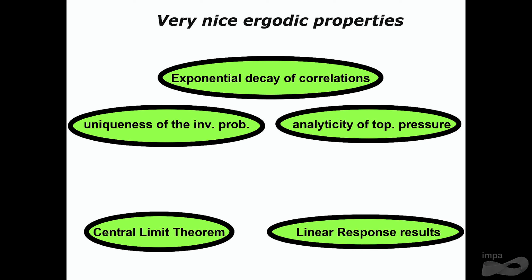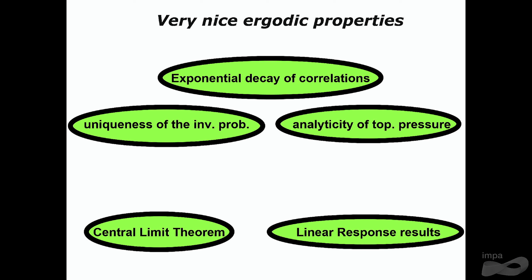Often you have linear response results. You have analysis of the topological pressure, which is useful, for instance, to study Hausdorff dimension of invariant sets. And often you have uniqueness of SRB measures, or at least you can prove that there are finitely many ergodic physical measures. So you have a very nice set of results.